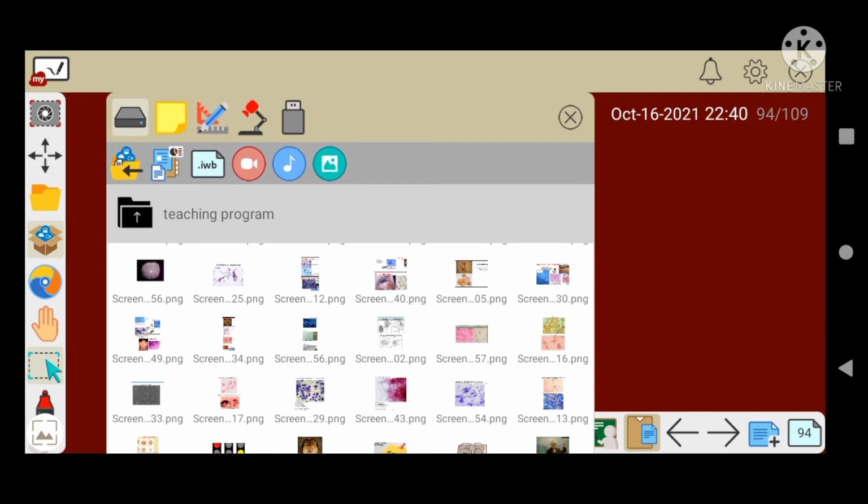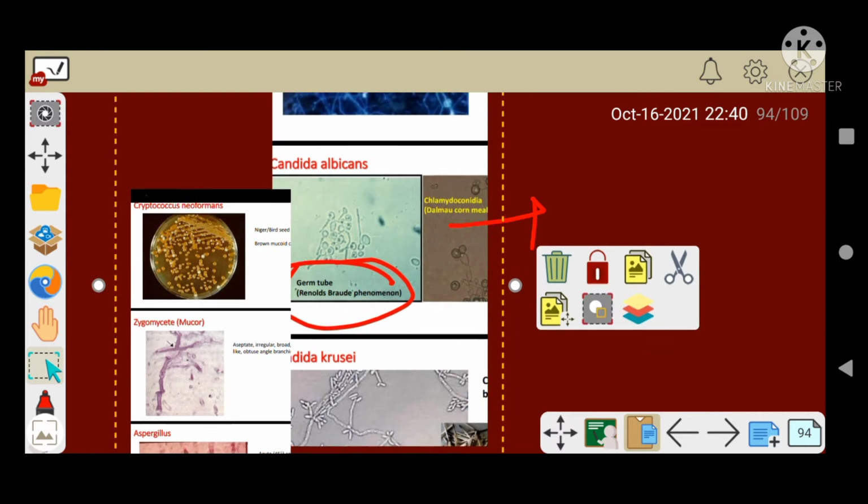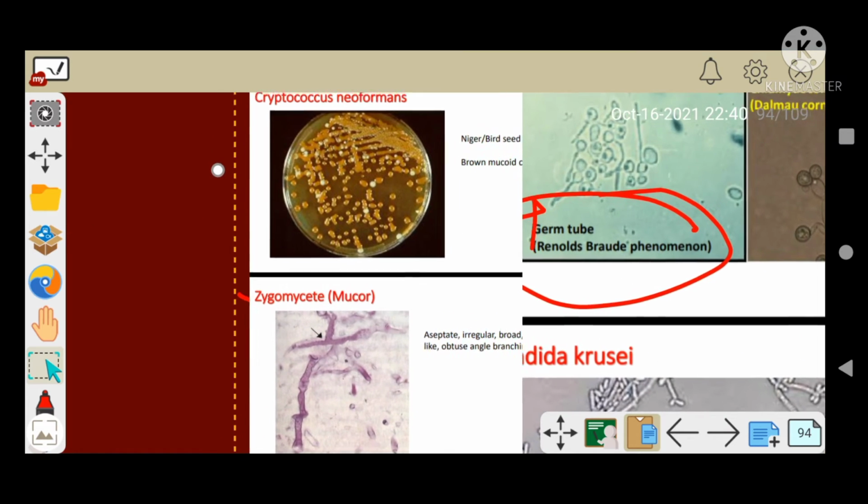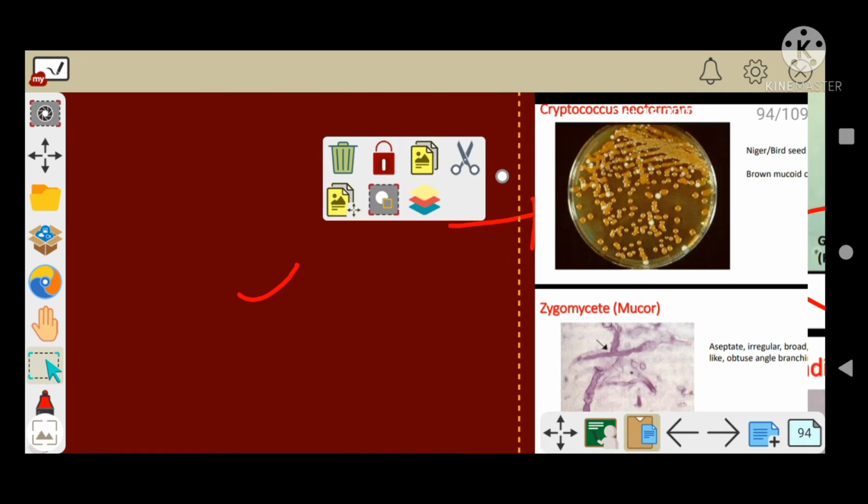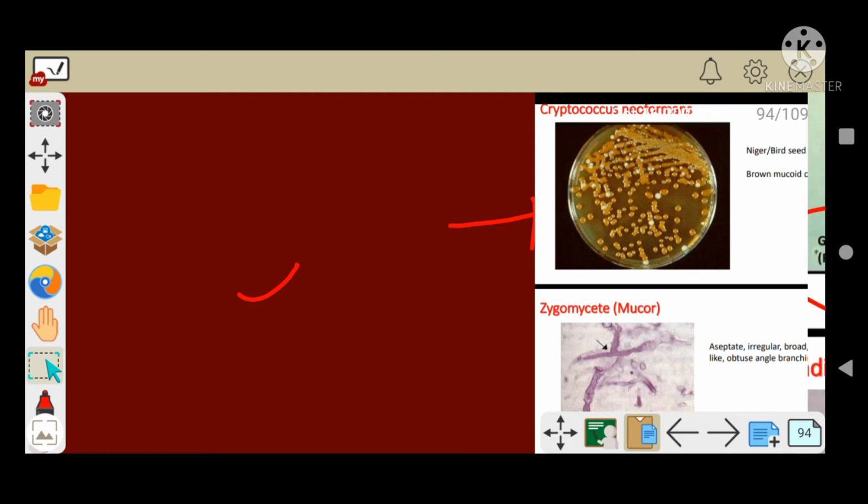They're just highlighter points which you should keep in mind before entering the exam, right? Okay, so this is your Cryptococcus neoformans, right?